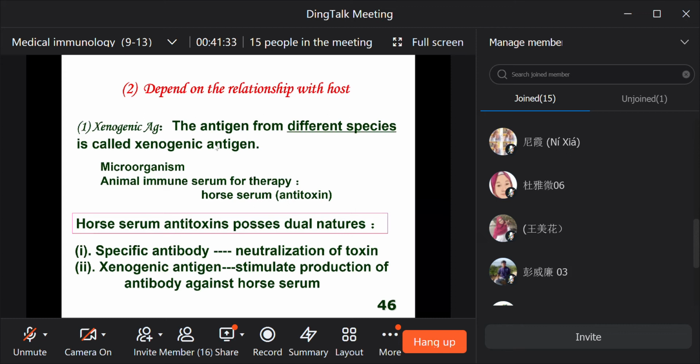And depending on the relationship with the host, the exogenic antigen is from a foreign species, another kind of species.